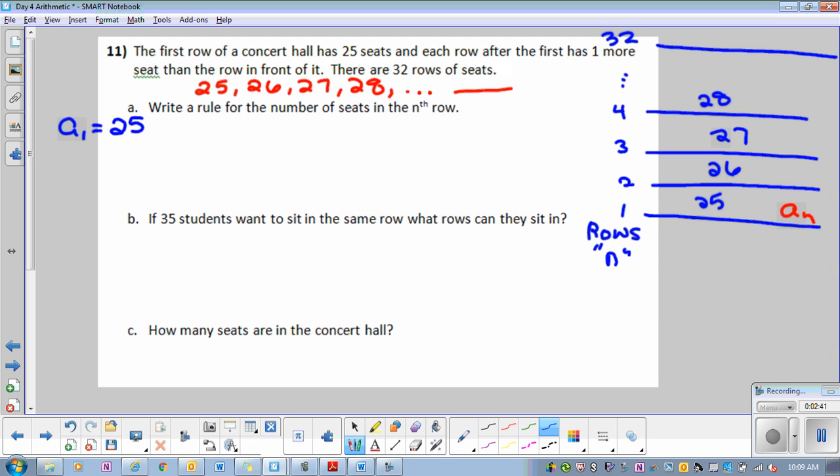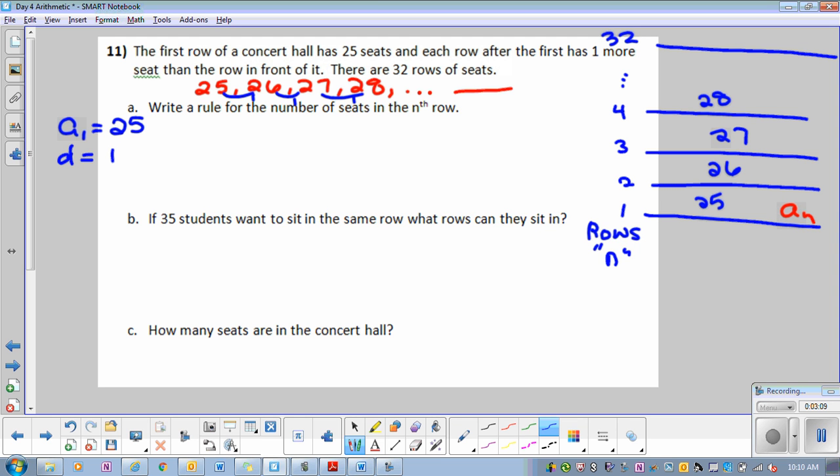And guys, what is d? What is my common difference? So 28 minus 27 is what? Positive 1, right? What is 27 minus 26? 1. And 26 minus 25? 1. See how that number's the same? That's your common difference, right? It means it's adding 1 each time.